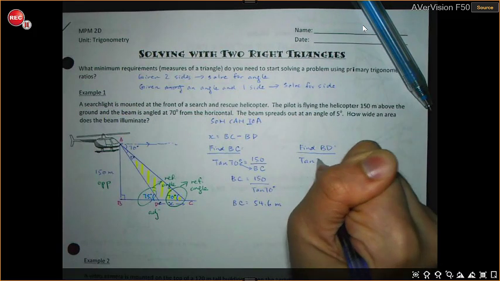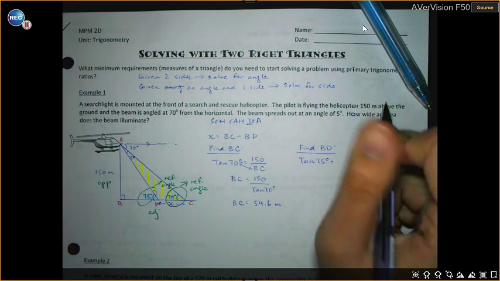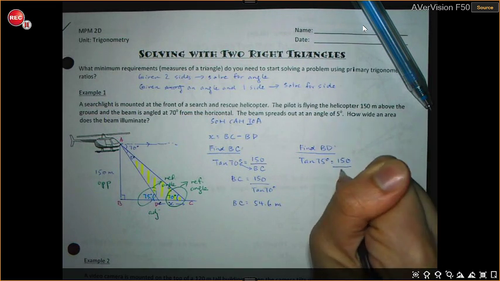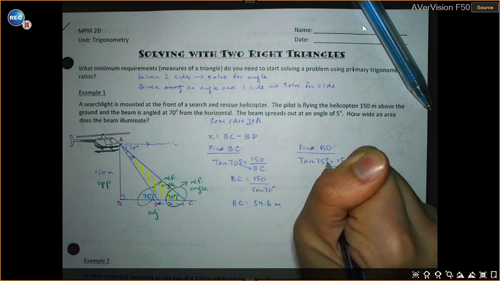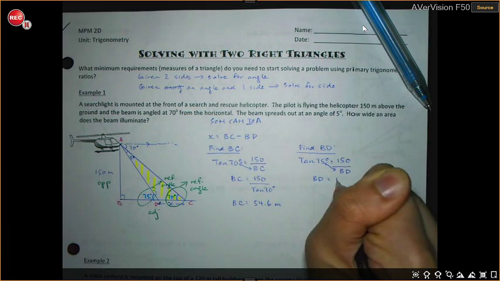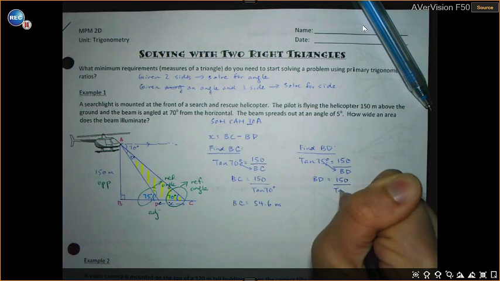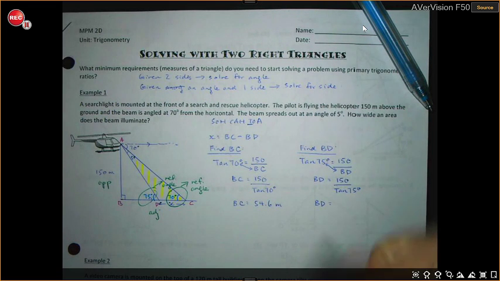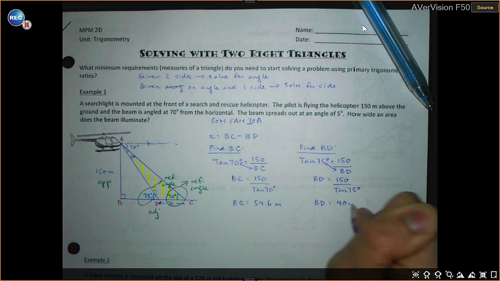So tan 75 degrees equals opposite, which is 150, over adjacent, which is what we're trying to find, BD. Again, the unknown is at the bottom, so let's switch those two around. BD equals 150 divided by tan 75 degrees, which would give me 40.2 meters.